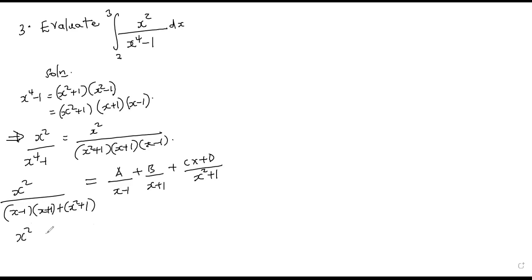x squared is equal to a into x plus 1 into x squared plus 1, plus b into x minus 1 into x squared plus 1, plus cx plus d into x minus 1 into x squared plus 1.